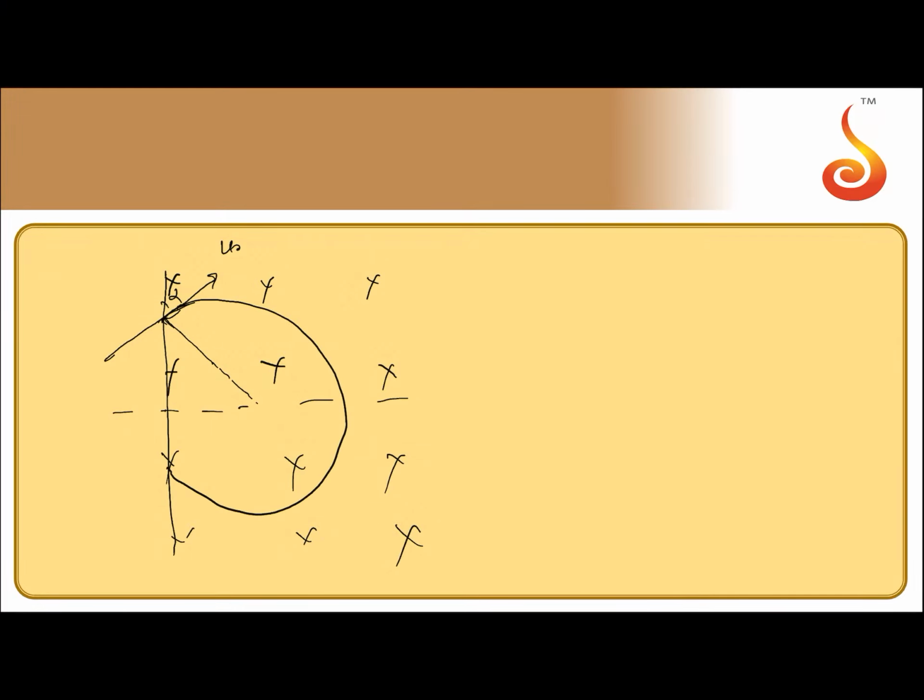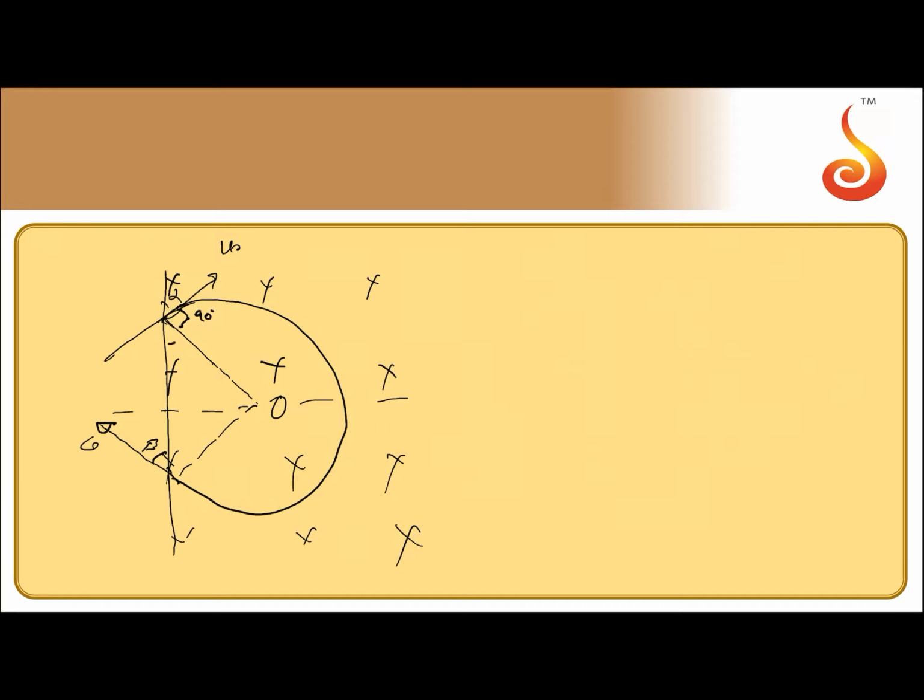It will be something like a major arc, and here it is going with v, and this angle is given as beta. O is the center of the circle. This is because it is a negative charge. So this is tangent, this is radius, so this angle is 90 degrees.